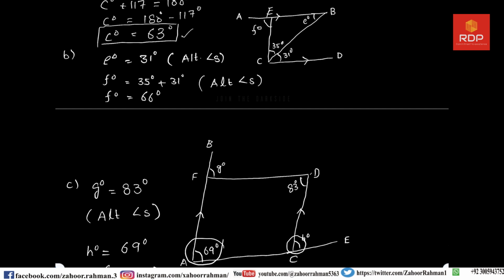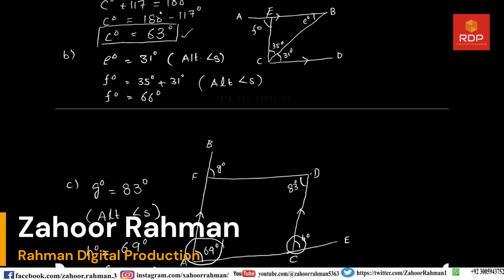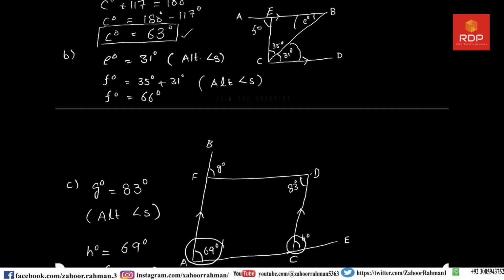There are two transversal lines in which one is CE and one is CB. These are the transversal lines. First we have to find the value of this E. So E degree is equal to 31 degree. This will be equal to this one because of the alternate angles.